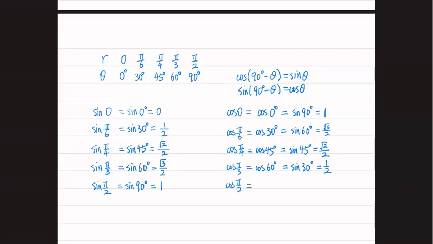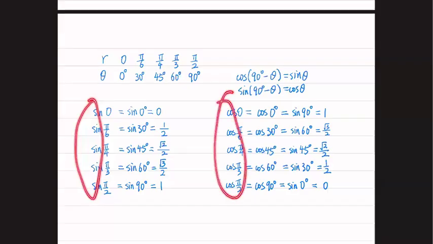Jessica, cosine pi over 2. 90, which is sine 0 degrees. This is 0. Okay, so we used our knowledge about the sine degrees and cosine degrees. We find sine and cosine for the radians.